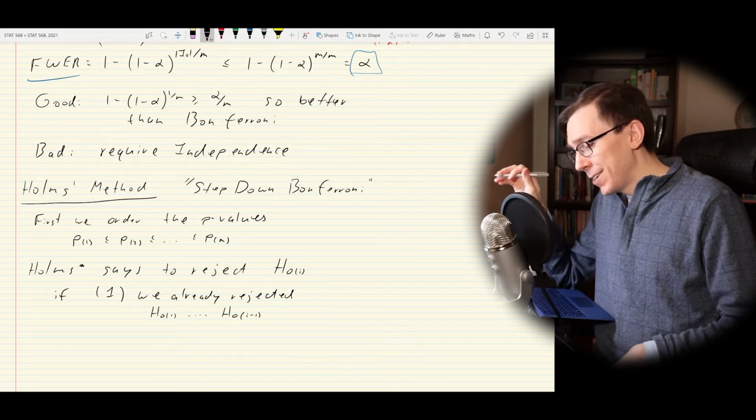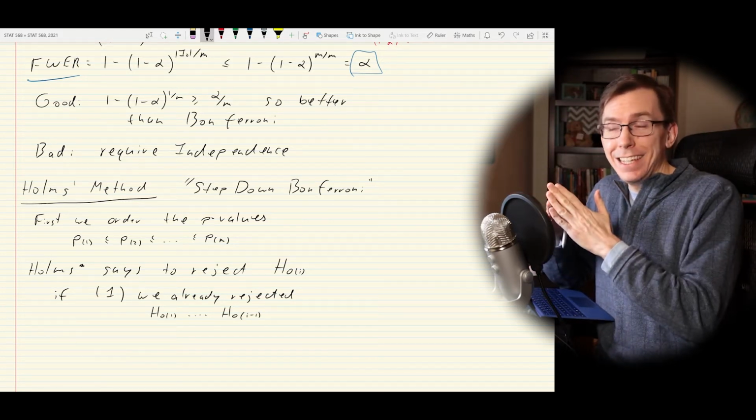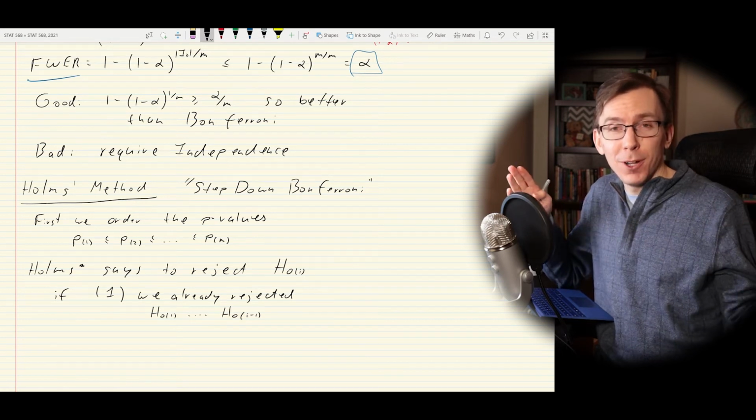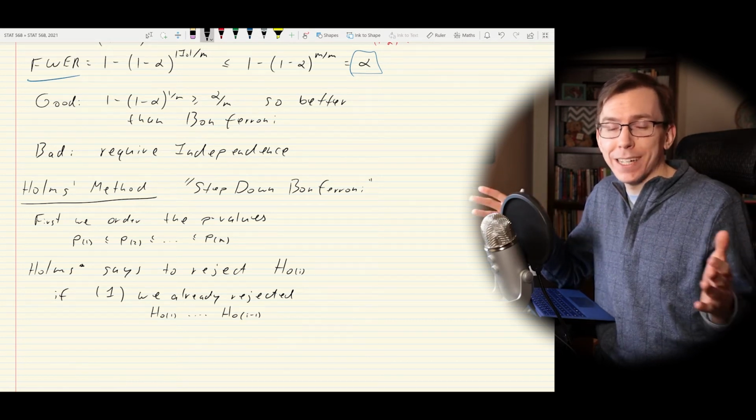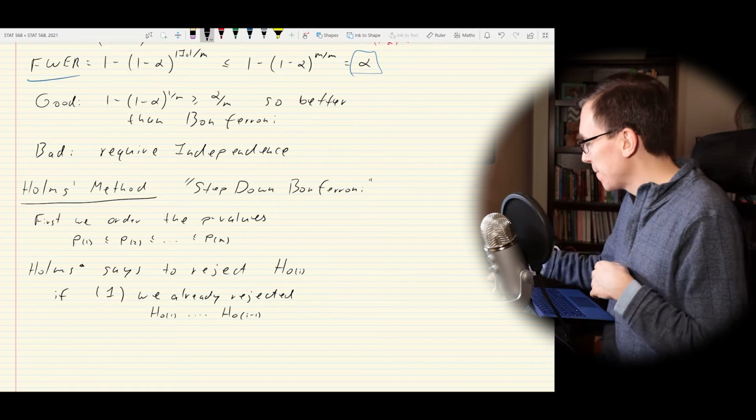So the first thing we have to do is reject the more extreme, the smaller p-values first before we consider p(i).